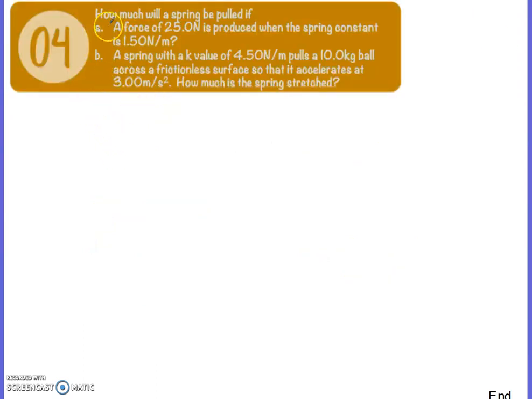And we'll work another one. How much will the spring be stretched if the force is 25 newtons and the spring constant is 1.5 newtons per meter? Okay, so if F equals kx, x would be equal to F over k.